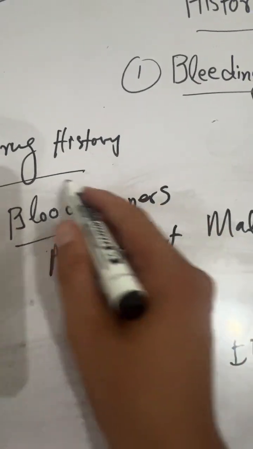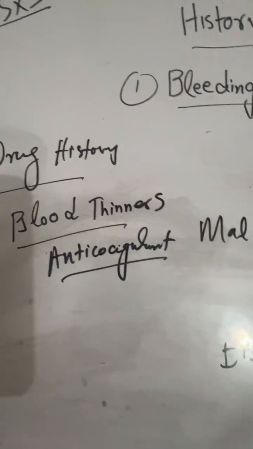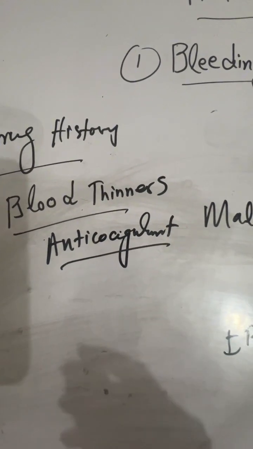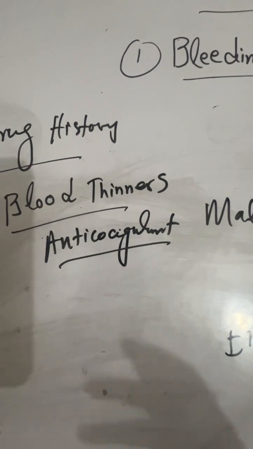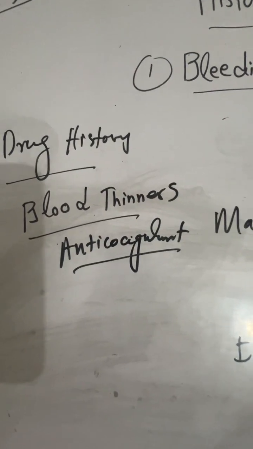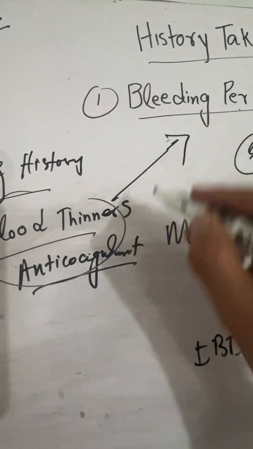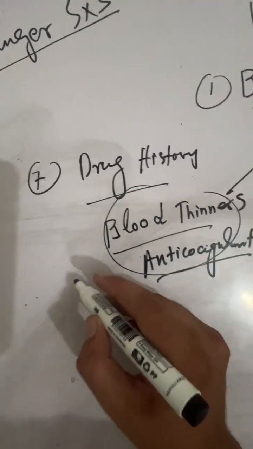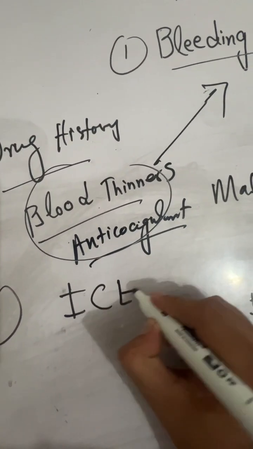If the patient is using a blood thinner or anticoagulant and has bleeding per rectum, we will also ask about any bleeding from other orifices like mouth, nose, or ear. And if the patient is using a blood thinner, then we will think that this can be causing the bleeding per rectum.